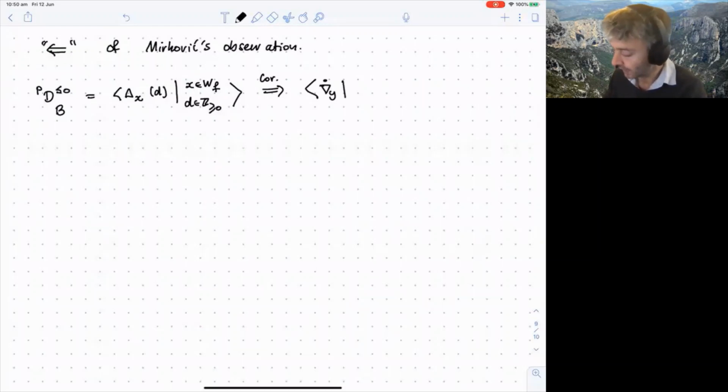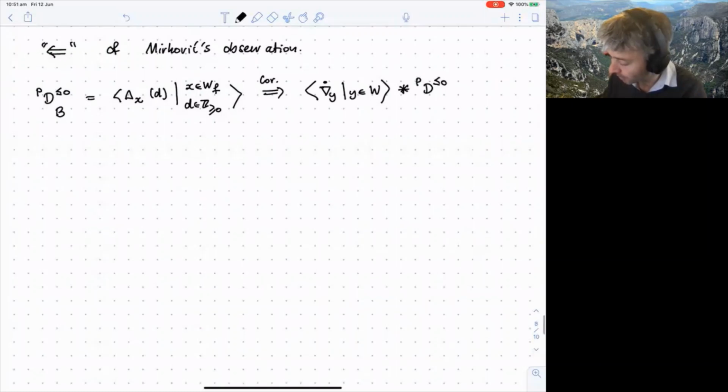so if I consider the full subcategory generated by nablas, and I act by PD less than or equal to B. So this is the thing that I've just described over here. Okay, and so now we use the corollary to say that this is in PD less than or equal to 0.